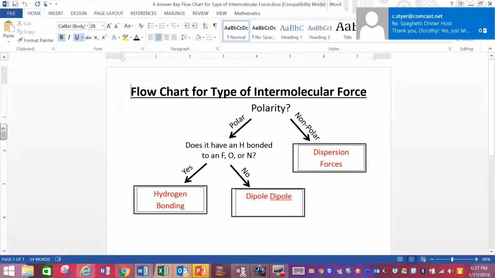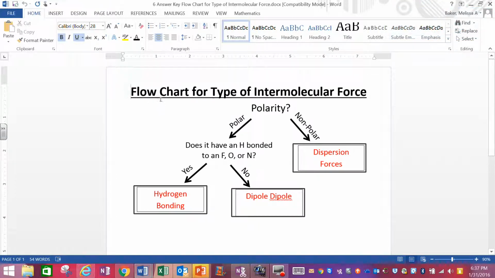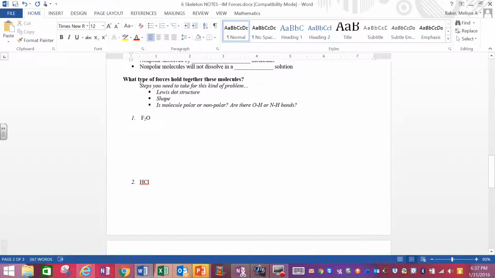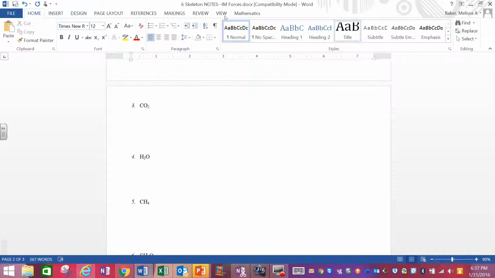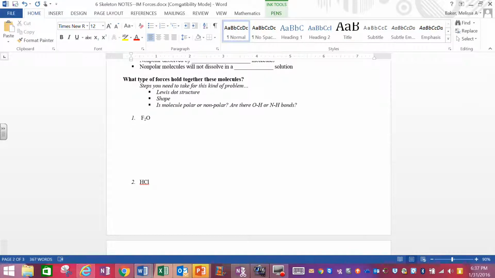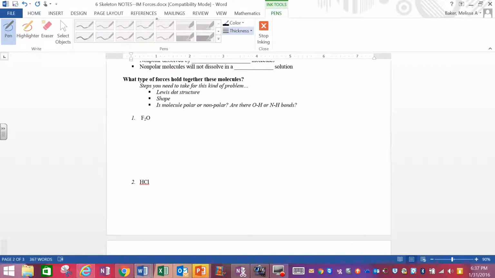If something is polar, then you have to check, does it have an H bonded to an F, an O, or an N? If it does, then it's got hydrogen bonding, the strongest intermolecular forces. If it's still polar but it doesn't have that, it's medium, dipole-dipole. So let's use that to help us determine what's going on with the intermolecular force between some of these molecules here.